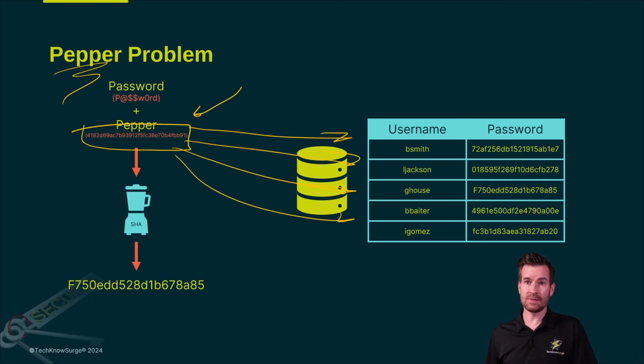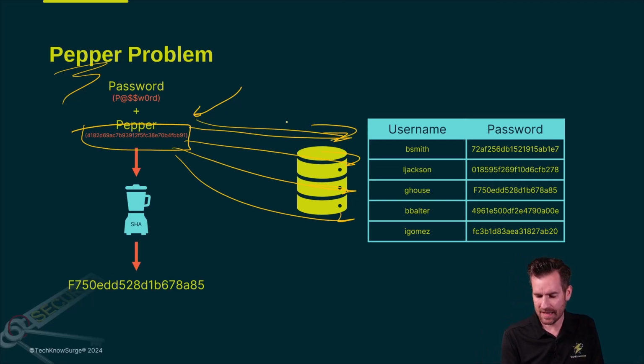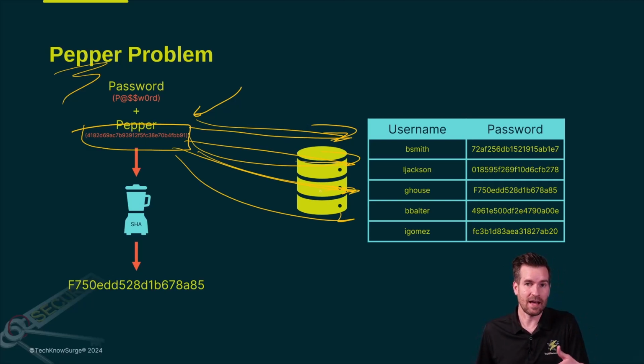The problem with that is still if that one pepper gets compromised, it makes it easier for a hacker because it's just a known value. It's one of the reasons why we'd want to do both a salt and a pepper, but it still doesn't guard against something like an internal threat who has access to both of those.